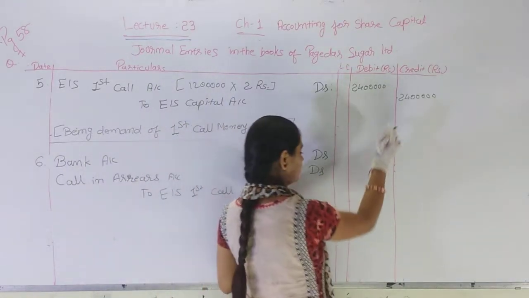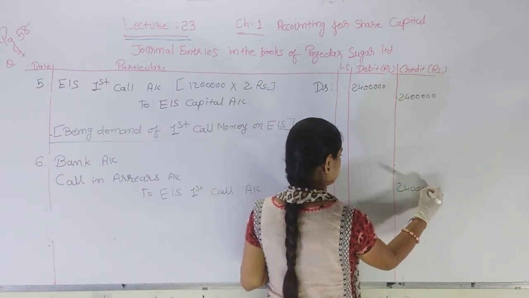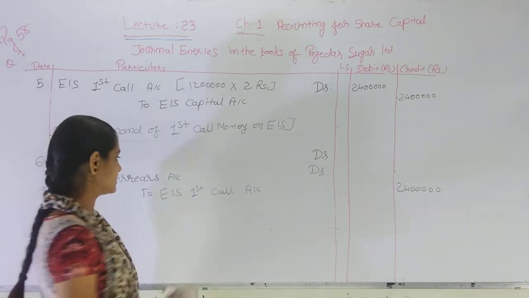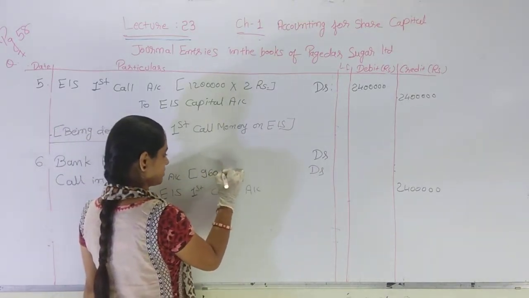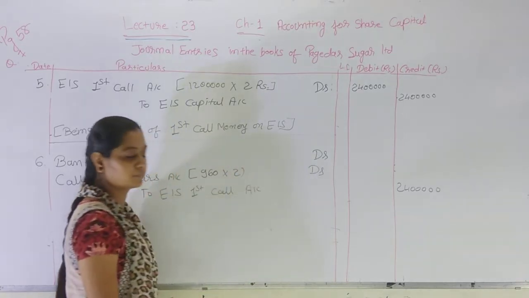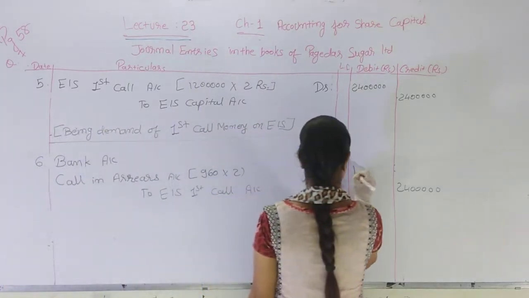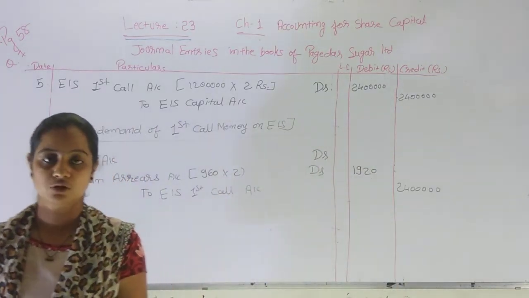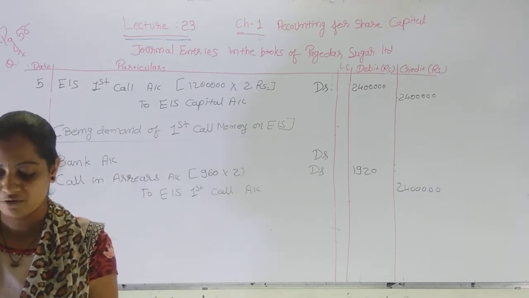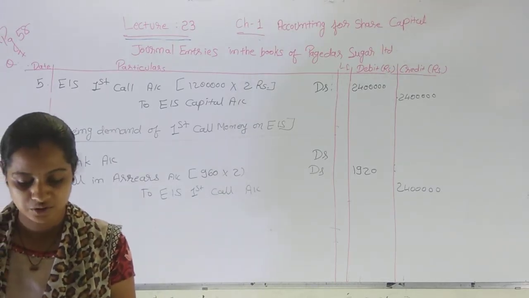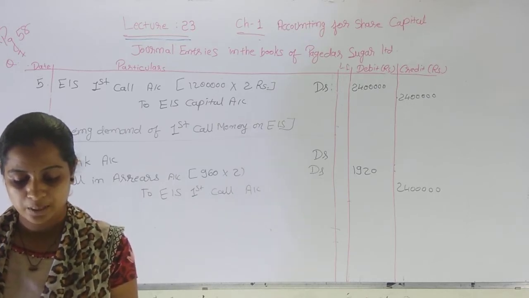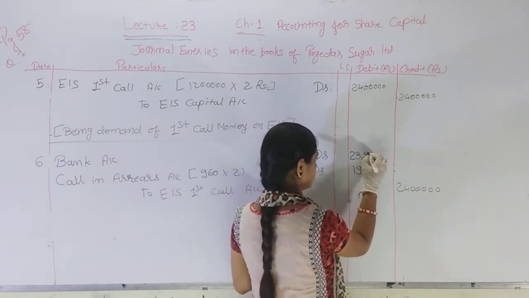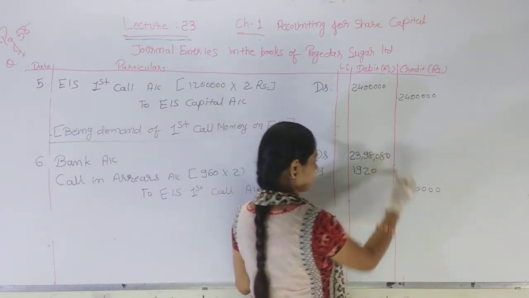Total we are demanding 24 lakh rupees, right? Out of 24 lakh, Aishwarya, who has 960 share, has not paid 2 rupees, right? So here the amount will come 1920. So out of 24 lakh rupees, we have not received 1920 rupees. That means we have received 23,98,080 rupees, right?